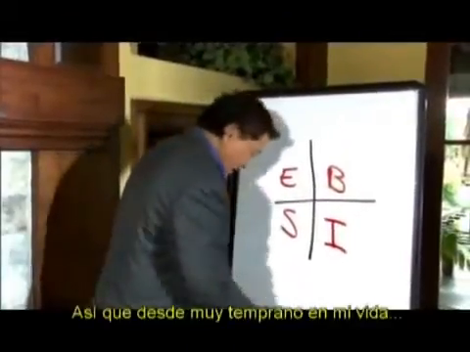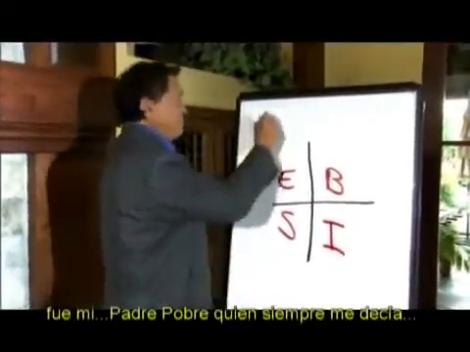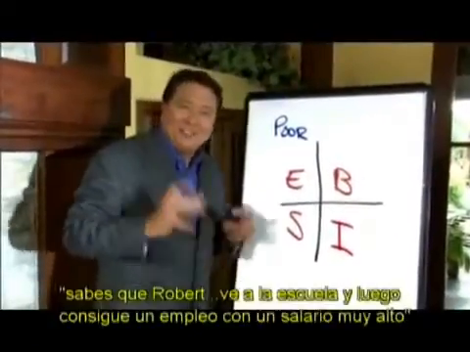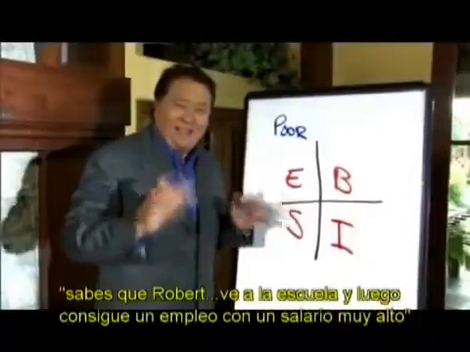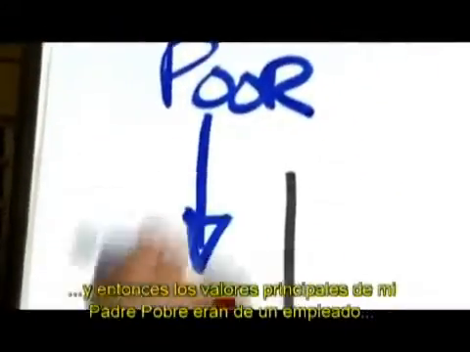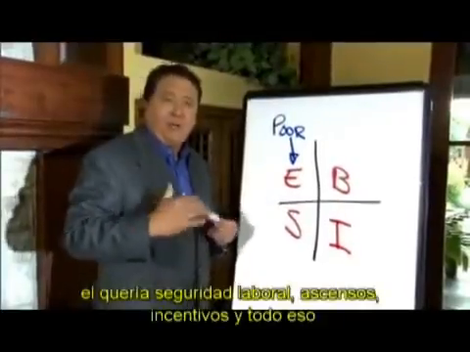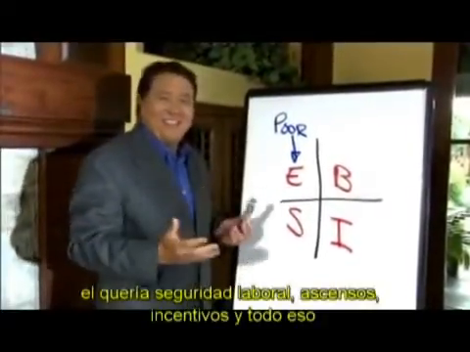So early on in my life, it was my poor dad who always said to me, you know, Robert, go to school and get a high-paying job. My poor dad's core value was to be an employee. He wanted job security, promotions, a steady paycheck, and all this.